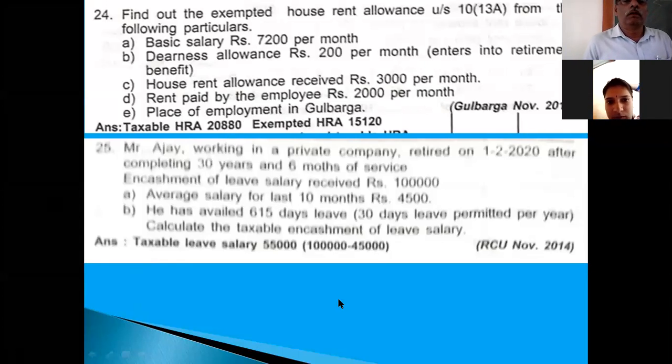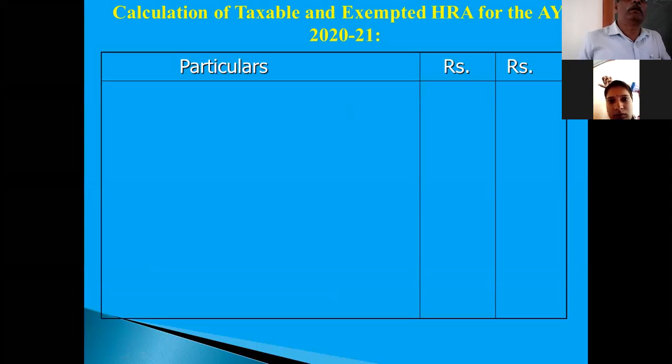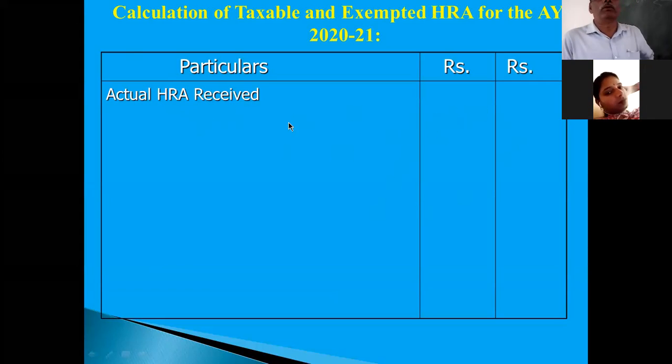You draw the table and calculate it. Calculation of exempted and taxable HRA for the assessment year 2021. First you take HRA received. What is HRA received?